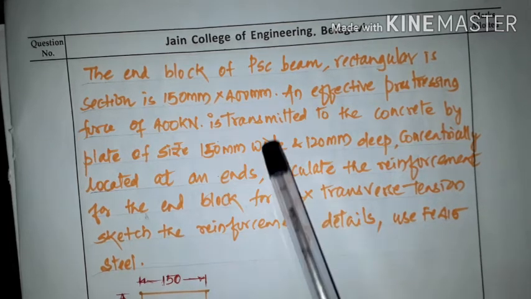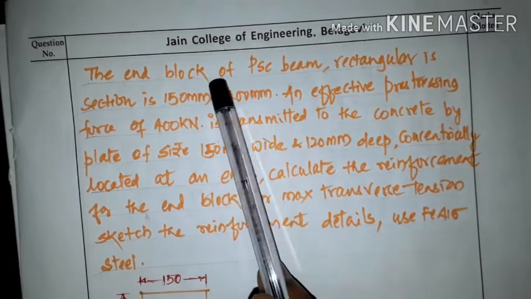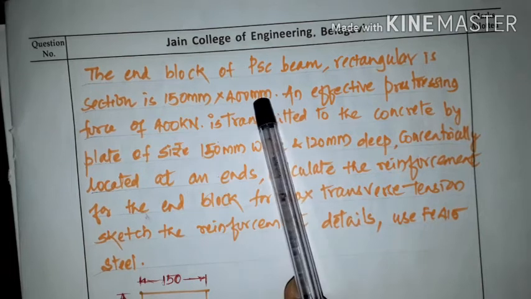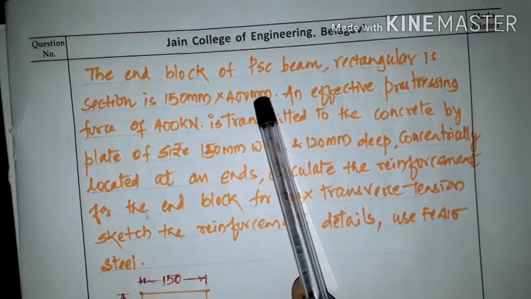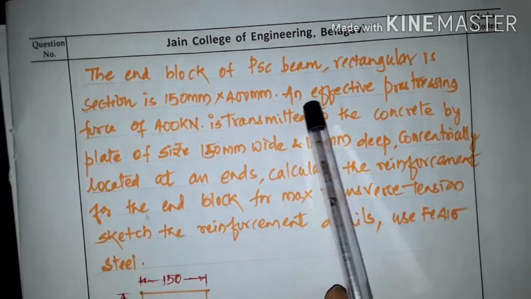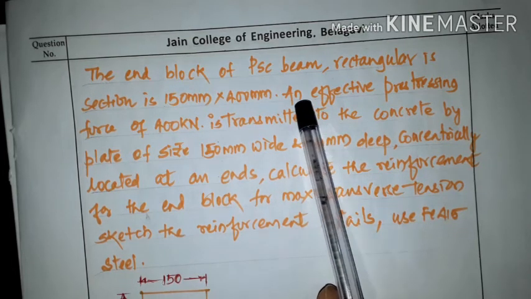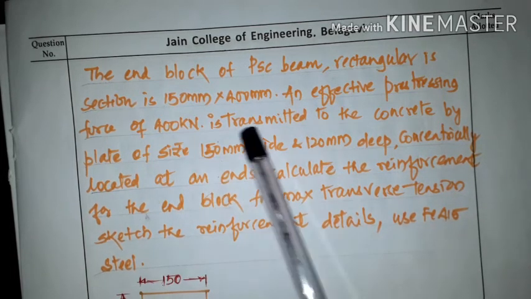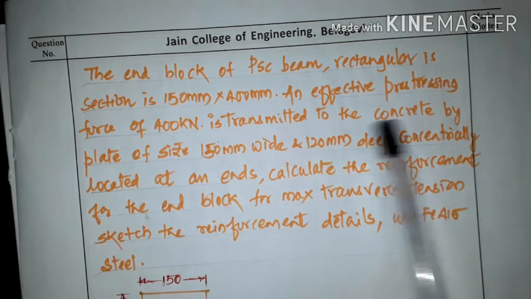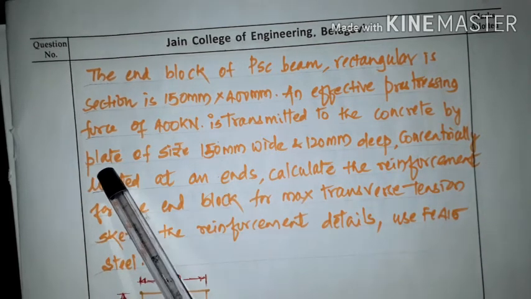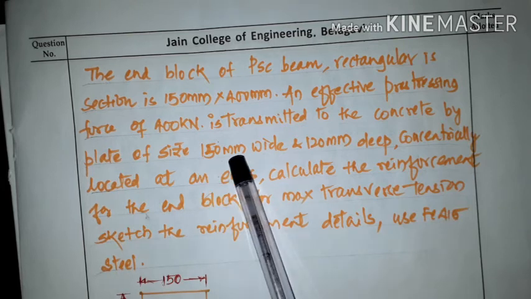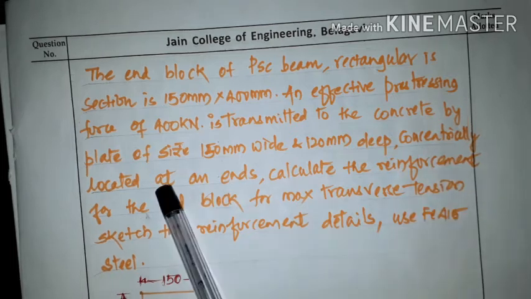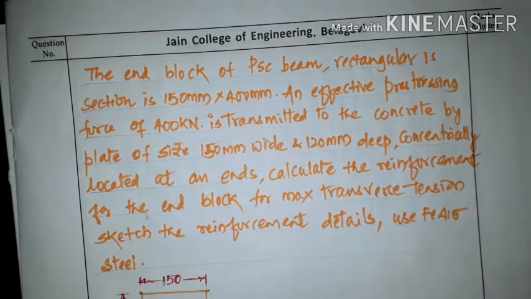So the PSC beam is of rectangular cross section, 150 mm width and 400 mm deep, and this beam is carrying a pre-stressing force of 400 kN, transmitted to the concrete by an anchorage plate of size 150 mm wide and 120 mm deep, again concentrically located at the ends.